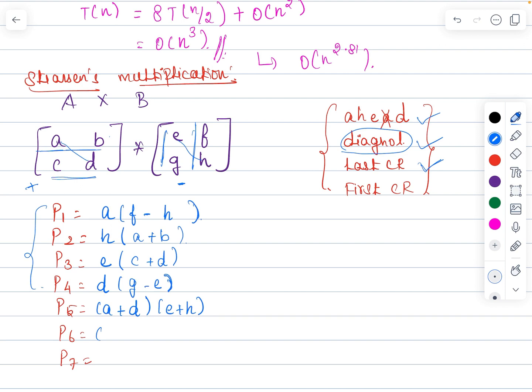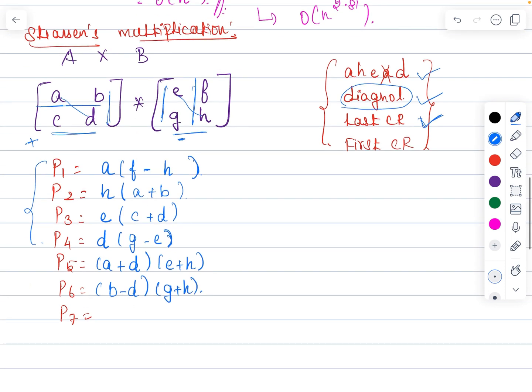So the last column is B, D, so write B minus D, and the last row from the second matrix is G, H, write G plus H. So the third step is also applied, and the fourth step is first column and first row. First column from the first matrix, first row from the second matrix. First column from the first matrix is A, C, A minus C, reversed, right? For the last two formulas, in the place of the plus operator, you are supposed to use the minus operator.